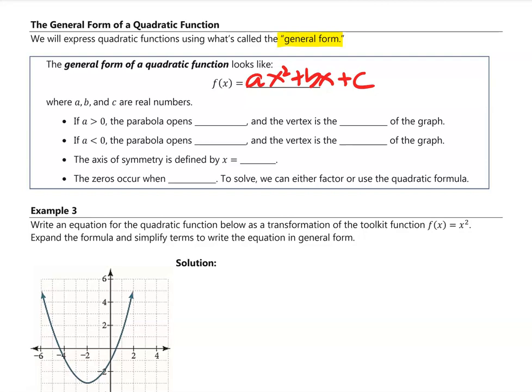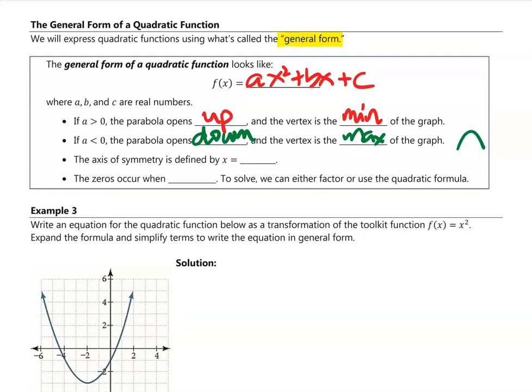If a is greater than 0, then the parabola opens up. It's smiling, and the vertex is the minimum, the bottom part of the graph. If a is less than 0, the parabola opens down, it's frowning, and the vertex is the maximum.